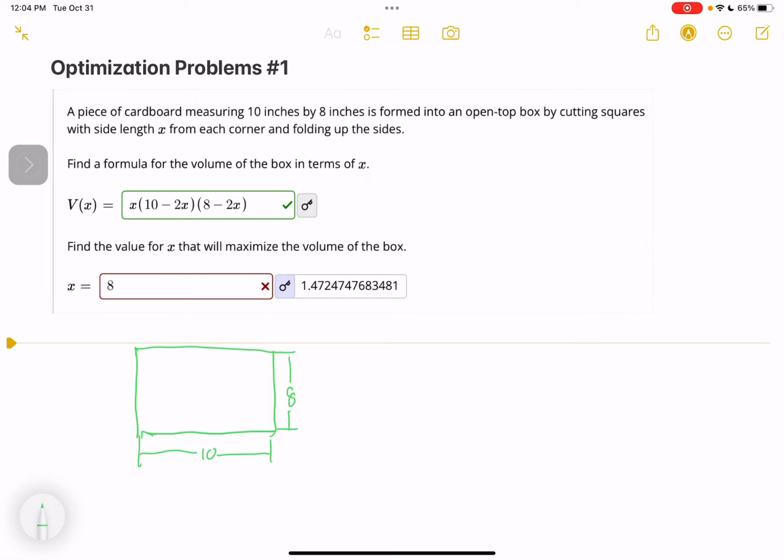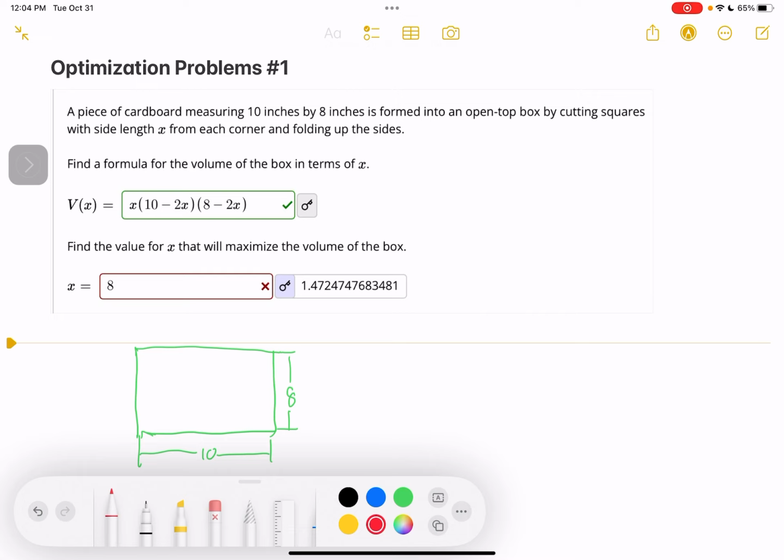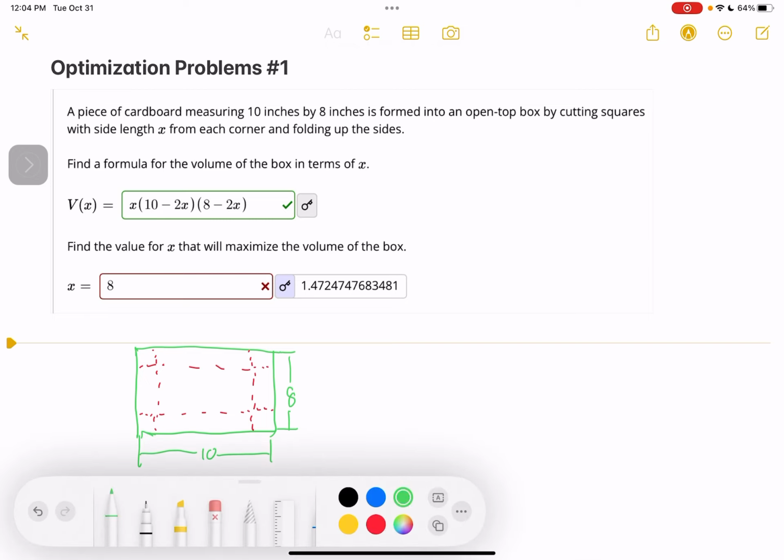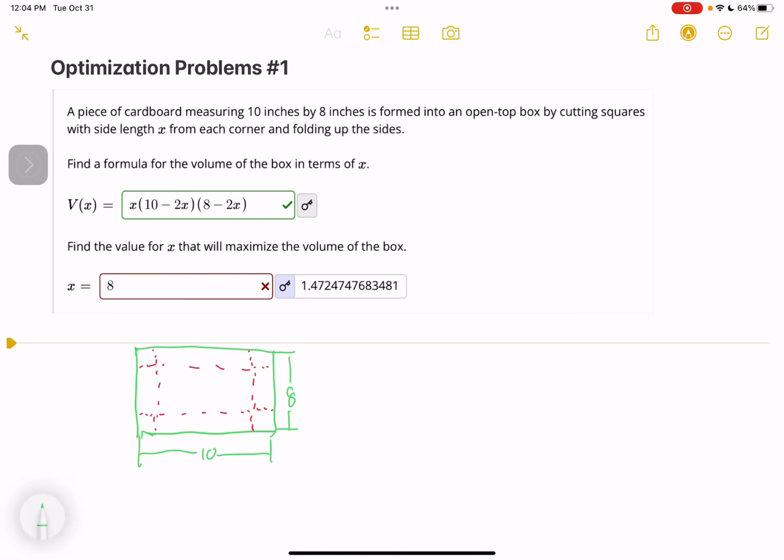And they cut out corners. And so when you fold up the rest of this, you end up with a shape that looks something like this.